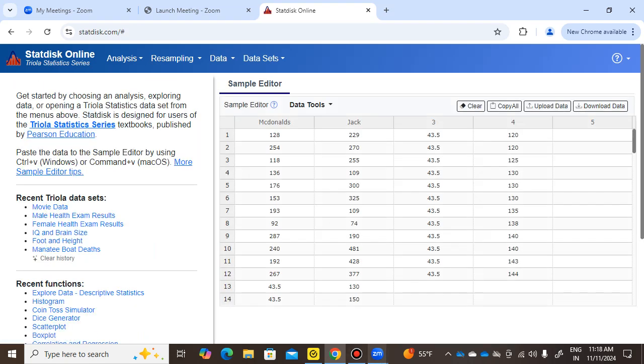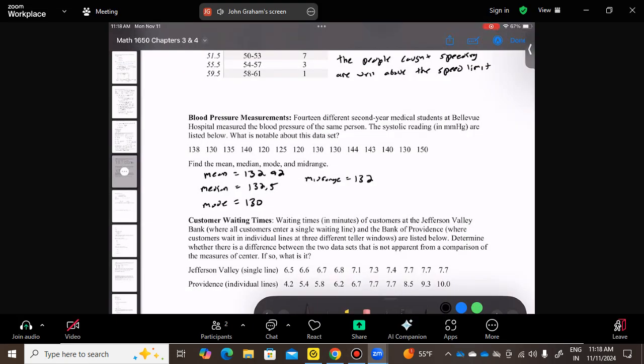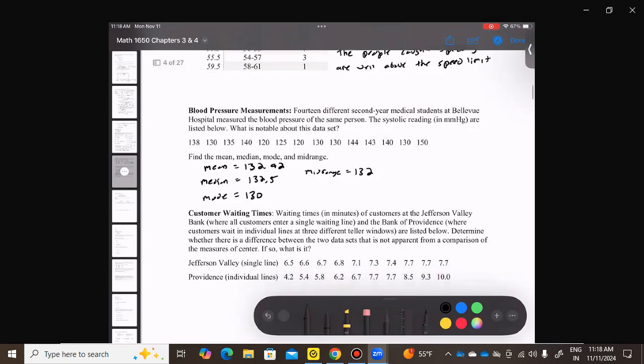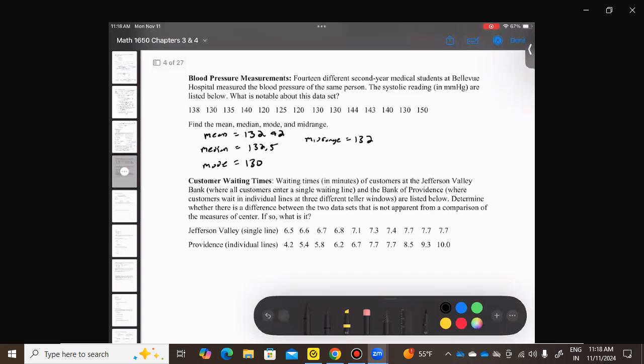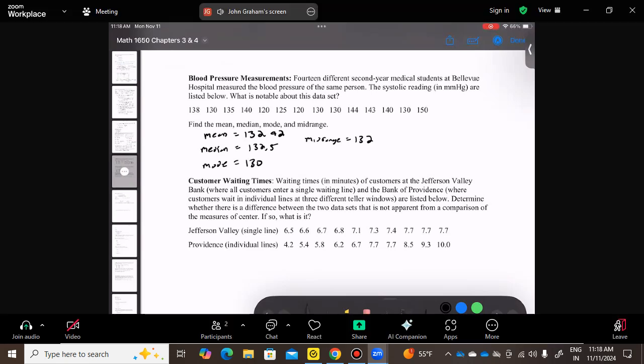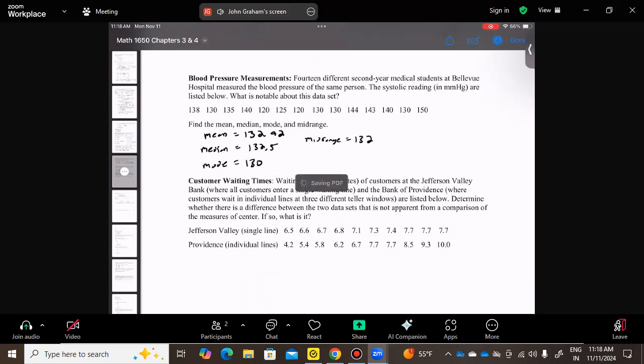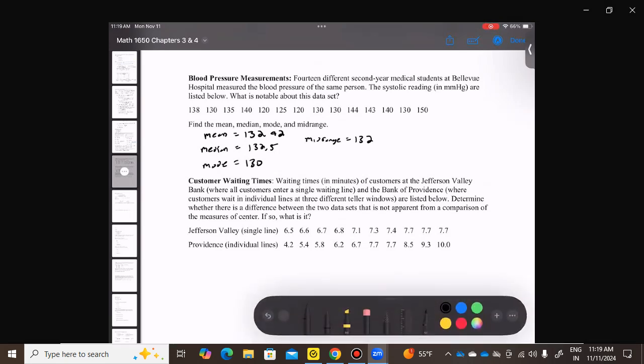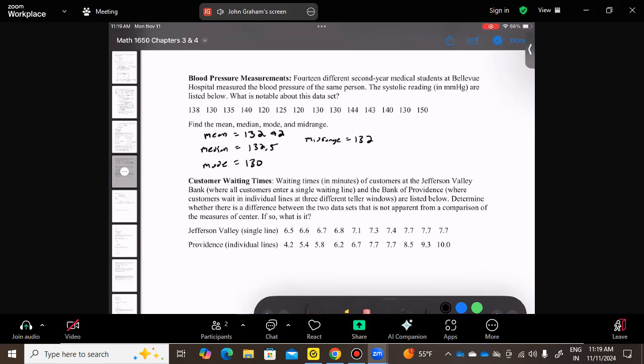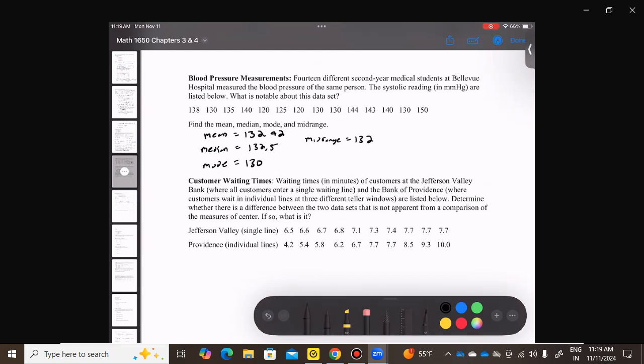All right. Let me go back. No problem. Last problem, we're going to have 2 more data sets we're going to enter. Jefferson Valley Bank and Providence Bank. Well, how they do it at each bank is Jefferson Valley, you're going to have all customers enter a single line, and then as people up front of the line get to a teller, or a teller opens up, they move into that teller spot.